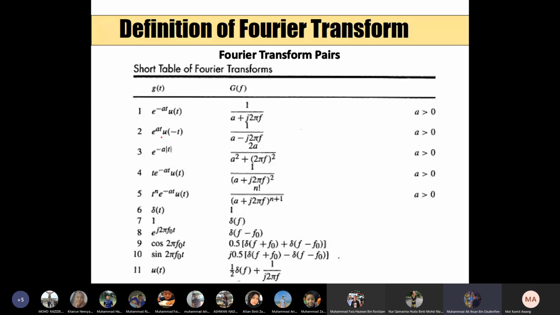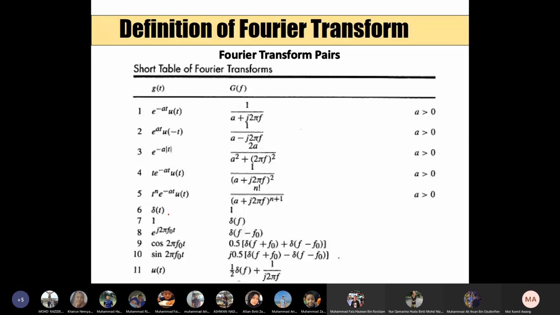If it is e to the minus a magnitude of t, you get 2a over a squared plus the square of 2 pi f.